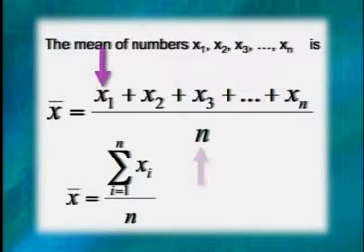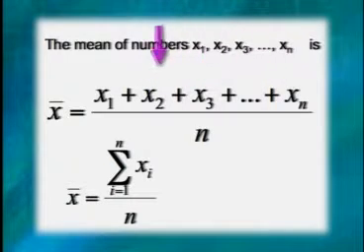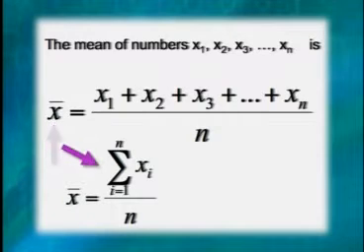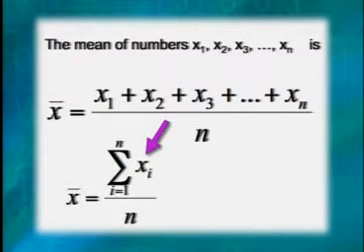If you have salary data about how much salary each of 100 people makes in a company, you would add up those 100 salary numbers and divide by 100 to get the mean. There's a fancy notation for this, which is the capital letter sigma, i going from 1 to n of x sub i. The sigma, being the letter S, really stands for sum.